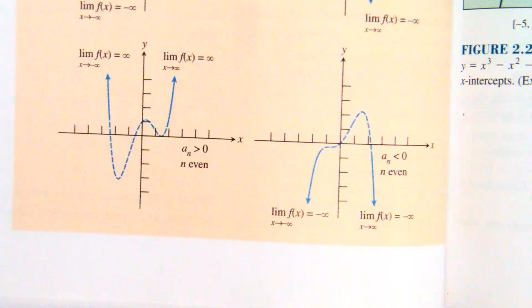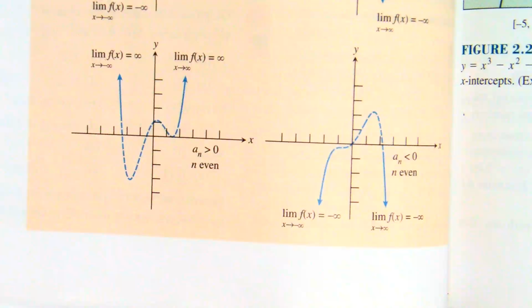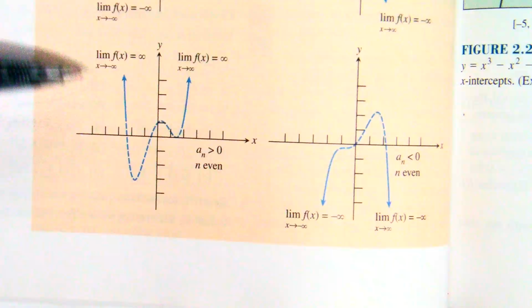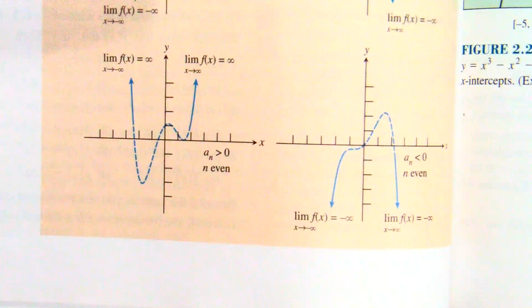Okay, so here's your other options. These are more like x to the fourth graphs, right? We would normally call this up, up behavior. But in here, as my graph moves left, so as x approaches negative infinity, where's my graph going? Up to positive infinity.